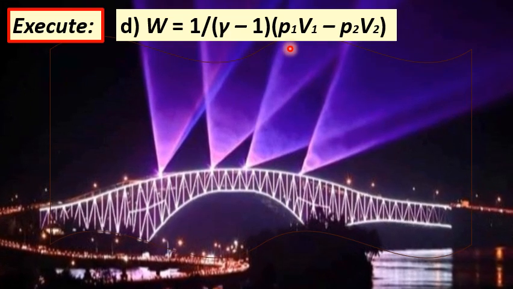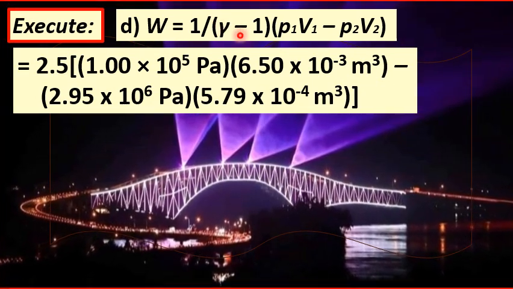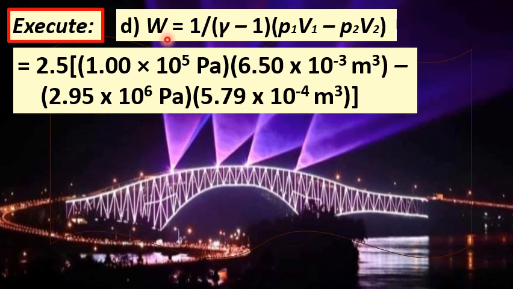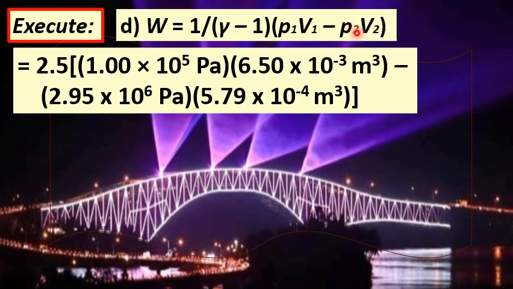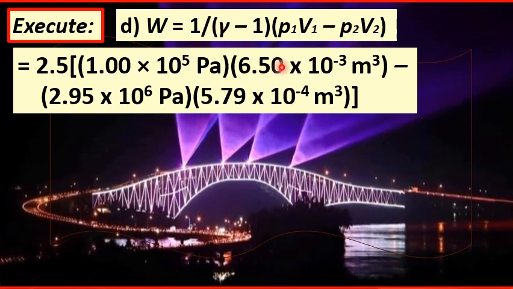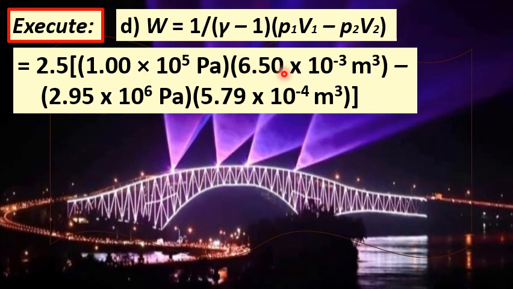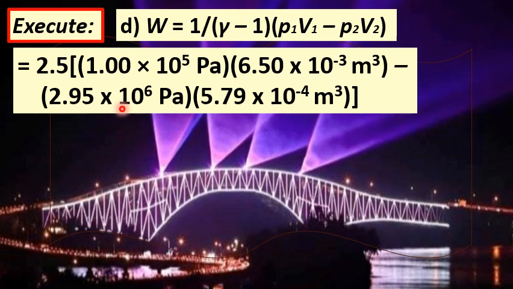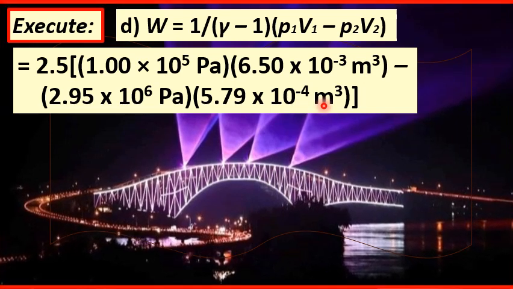That is, the work done W equals the reciprocal of gamma minus 1, which is 2.5, and then that will be multiplied by the quantity inside these parentheses: P sub 1 V sub 1 minus P sub 2 V sub 2, or 1.00 times 10 to the fifth Pascal times 6.50 times 10 to the negative 3 meter cube, then minus 2.95 times 10 to the 6 Pascal multiplied by 5.79 times 10 to the negative 4 meter cube.